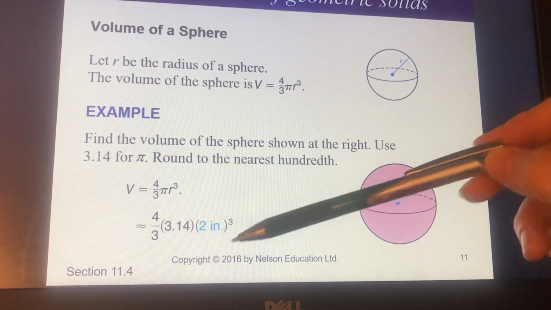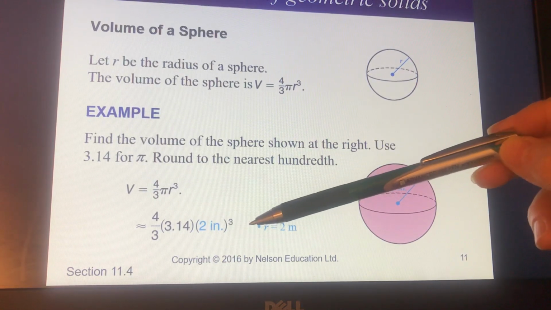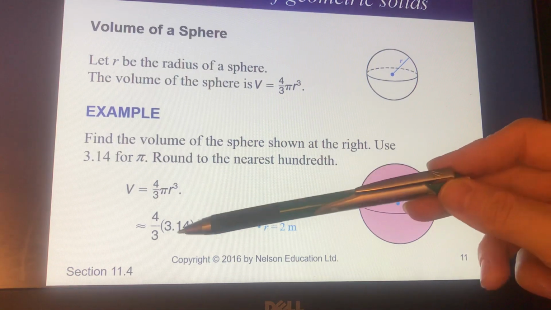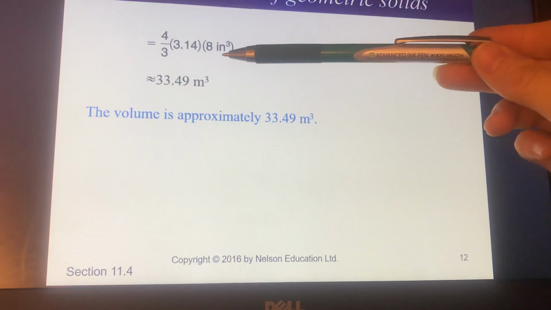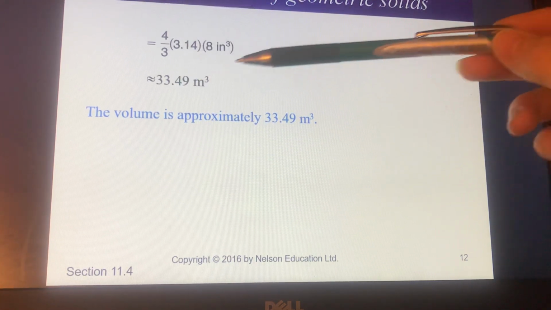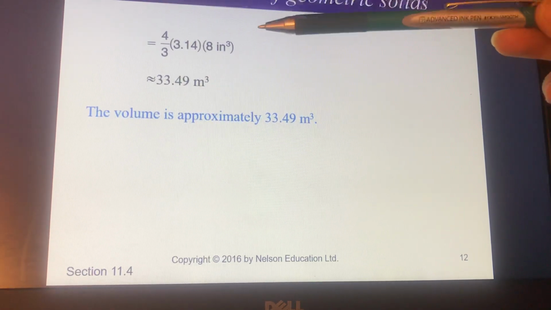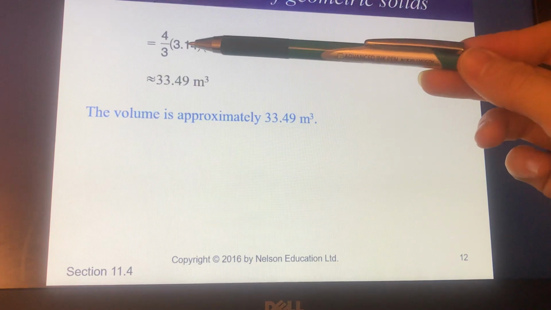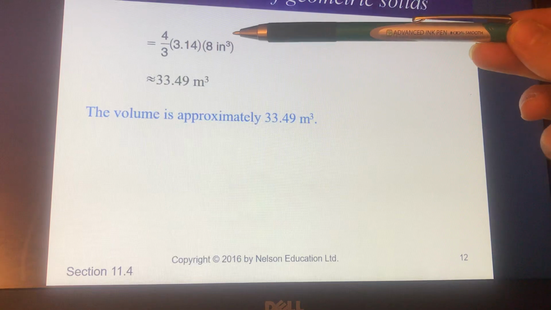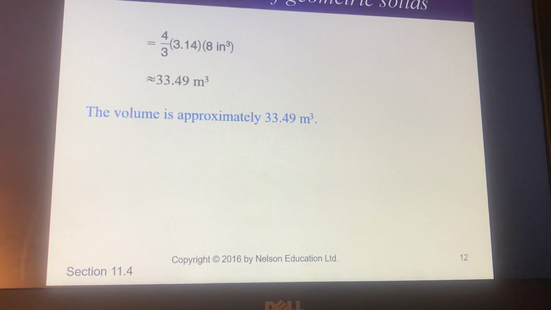Next step, we're going to calculate this first. 2 to the power of 3 is 8. We multiply it by 3.14 and then that. So first calculate r cubed, then go ahead and calculate the rest. How do you put it into your calculator? 4 times 3.14 times 8, the whole thing divided by 3.